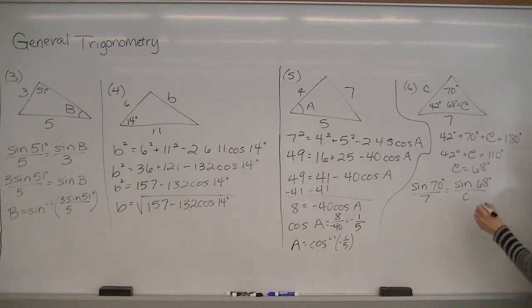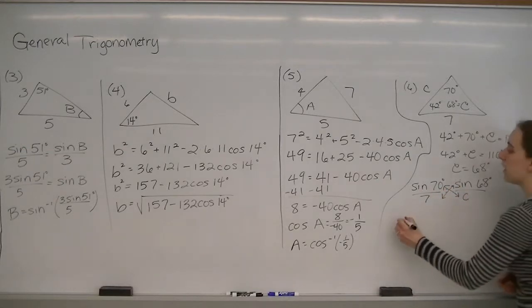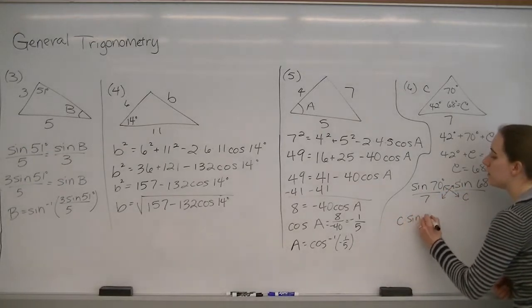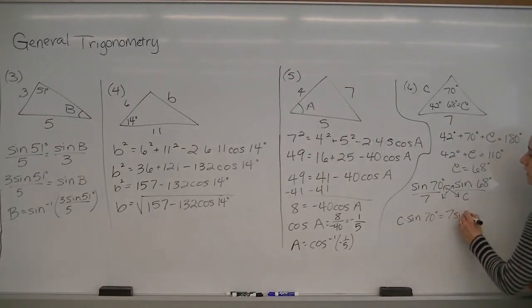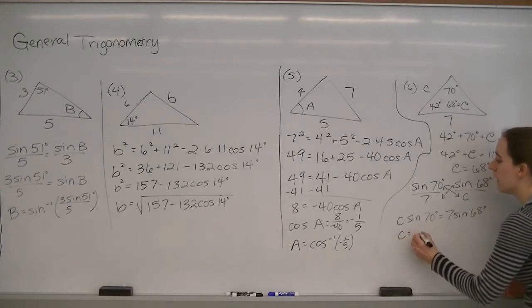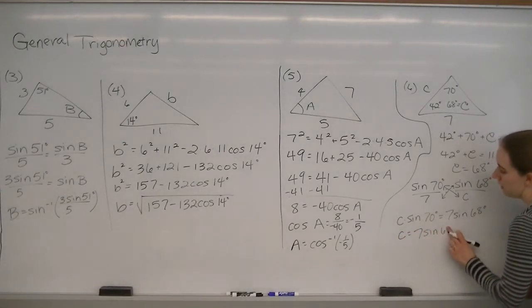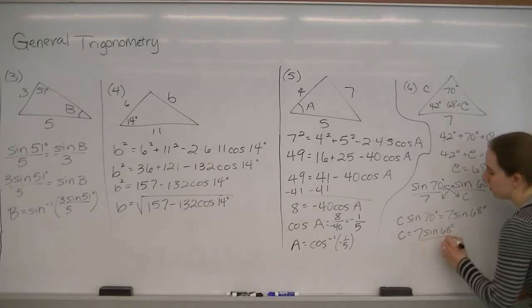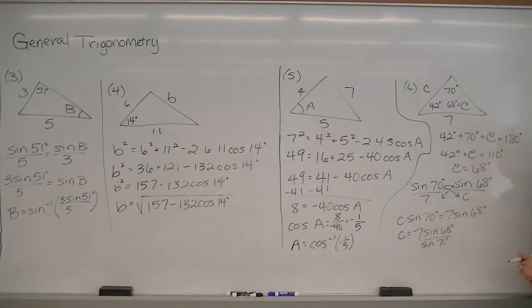Now in order to solve for little c, let's cross multiply. So we get c times sine of 70, which we don't know, we can leave it like that, is equal to 7 times sine of 68 degrees. So all I need to do to get c by itself is divide by sine 70 on both sides. So I get 7 sine of 68 degrees divided by sine of 70 degrees.